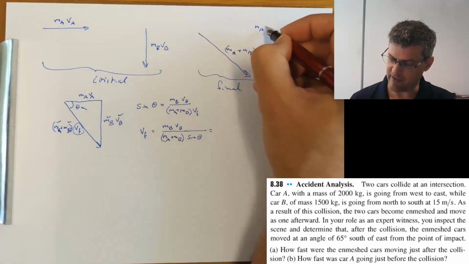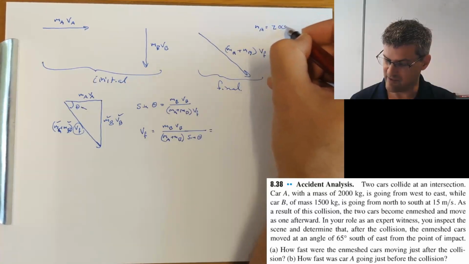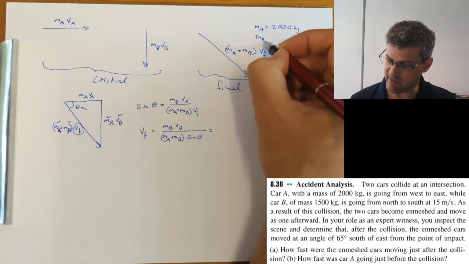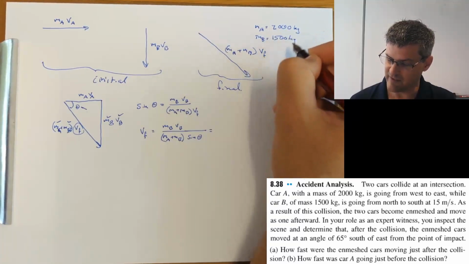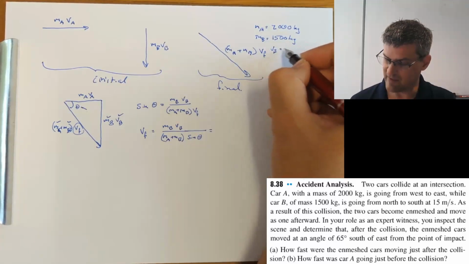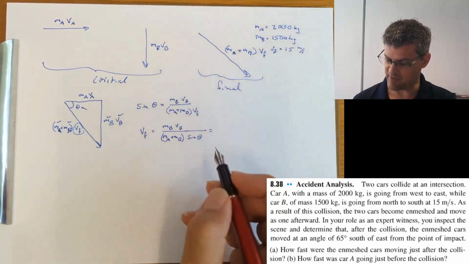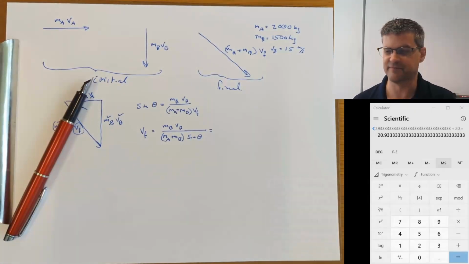And these are things that I know. So MA, just for the reference, is 2,000 kilograms. MB is 1,500 kilograms. And VB is 15 meters per second. So I can get out my calculator.